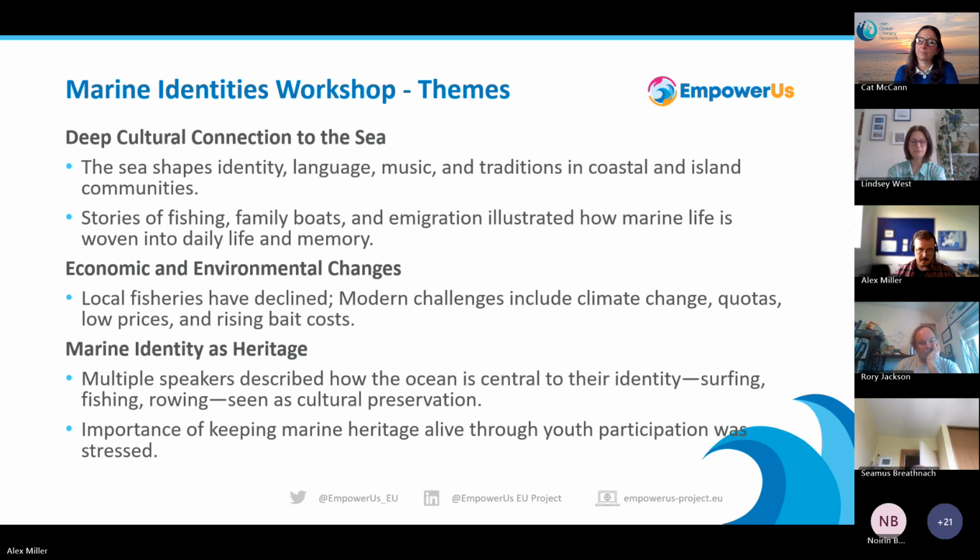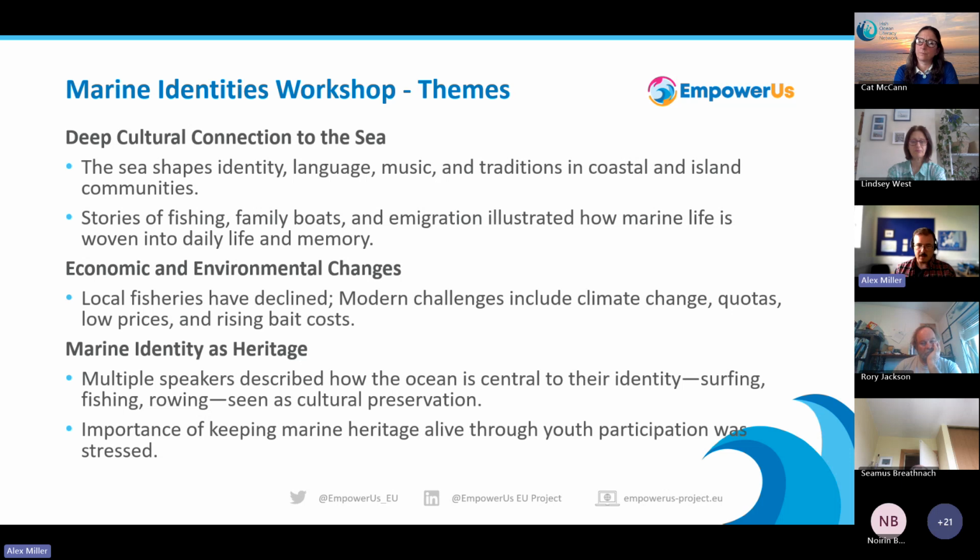One of the other themes that emerged from these discussions was the nature of the economic and environmental changes and pressures which coastal communities are experiencing. Fishing obviously was a significant industry for the area for a long time, and it still is in many ways, but it has declined relative to previous years.